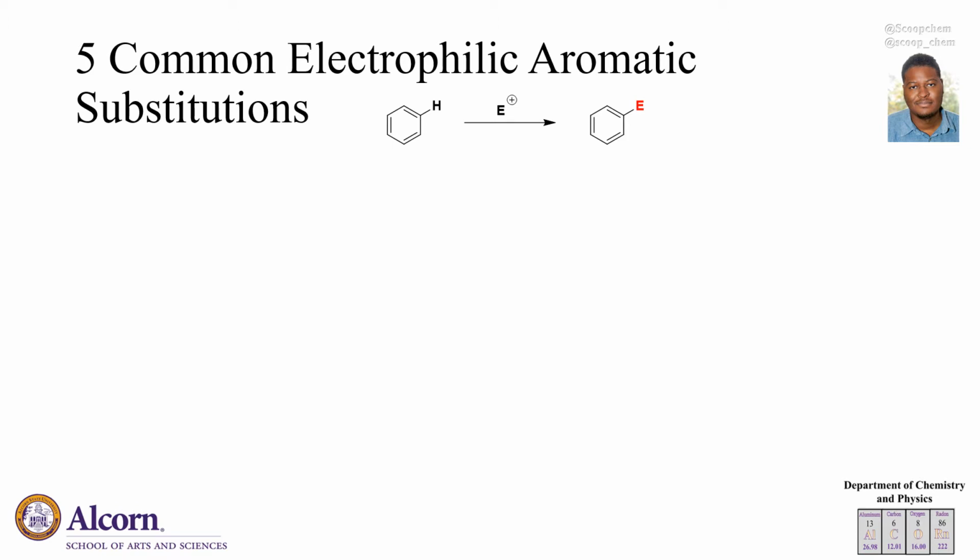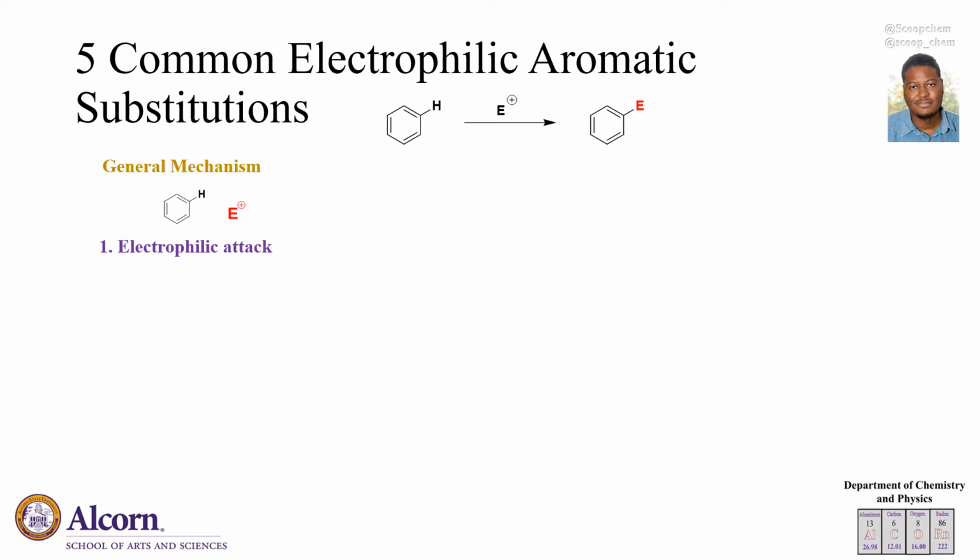So if you want to think about a general mechanism of this, all right, the first step has to be an electrophilic attack. All right, keep in mind that electrophiles are seeking electrons. Because they don't have the electrons they need, the reaction arrow cannot start from an electrophile. Instead, the reaction arrow has to start from the benzene ring.